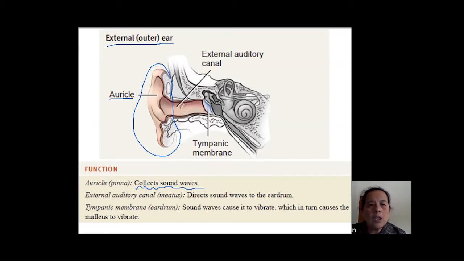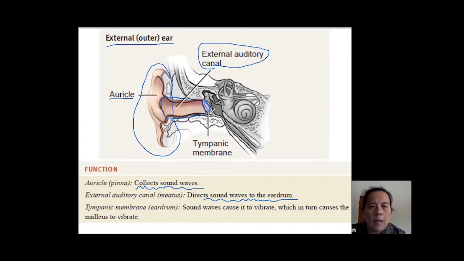And then the canal part sends the sound vibrations to the eardrum.